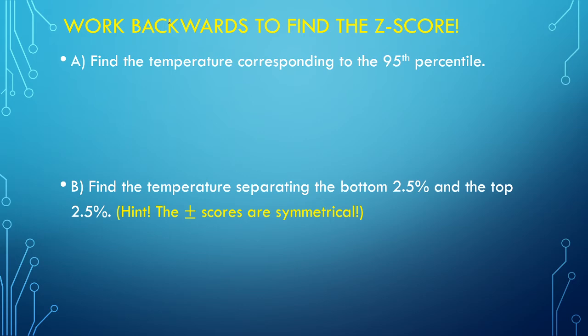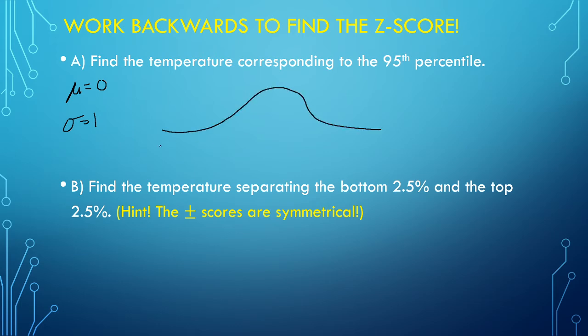Now, you can also be asked to work backwards. So I might ask you, okay, find the temperature corresponding to the 95th percentile. So we're still using the same values. So average was still 0, and the deviation is still 1. What if I asked you, what is the temperature that's the 95th percentile, which means that on this curve here, I'm going to try to draw the curve the best I can.